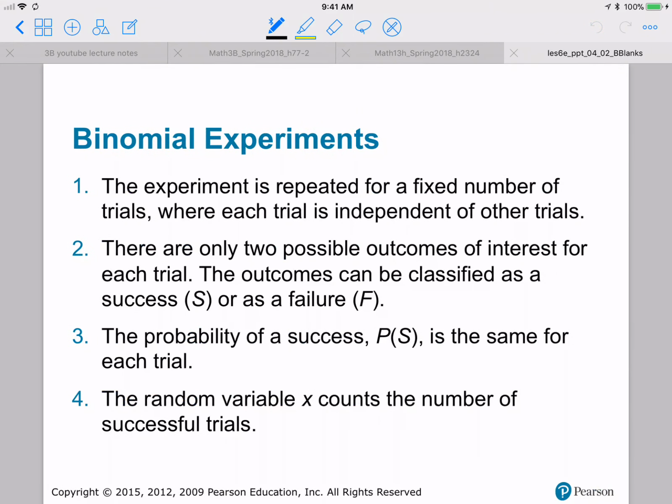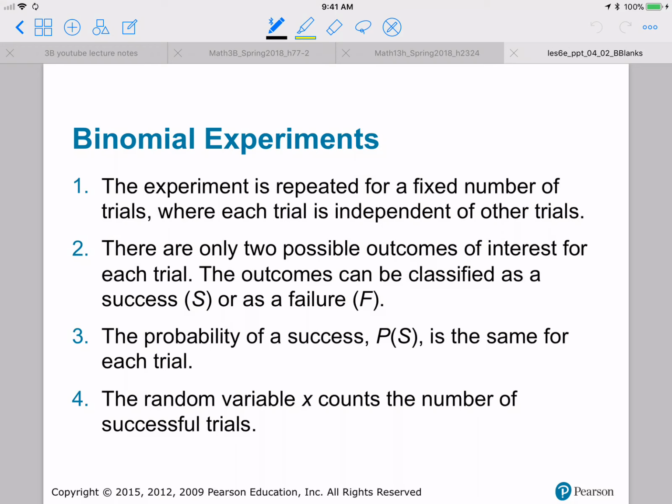Okay, so let's look at how to tell if an experiment is a binomial experiment. You've got 4 different requirements. The first requirement is the experiment needs to consist of different trials, and the same trial is repeated a fixed number of times.